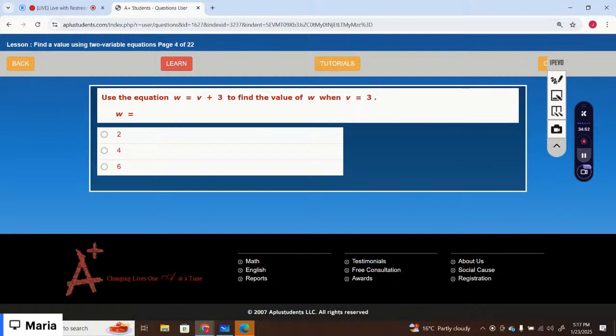Use the equation w equals v plus 3 to find the value of w when v equals 3. So which is the correct option?